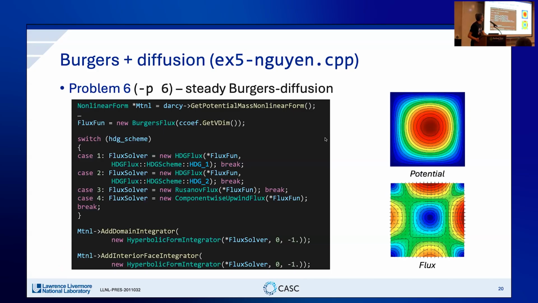So again, the setup is very simple. We just construct for example, Burger's flux, choose one of these numerical fluxes and just add it to that hyperbolic form integrator.